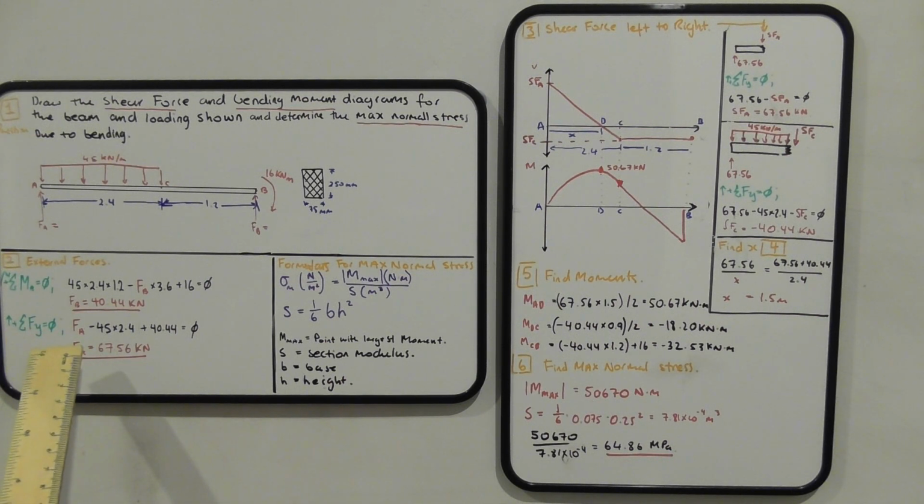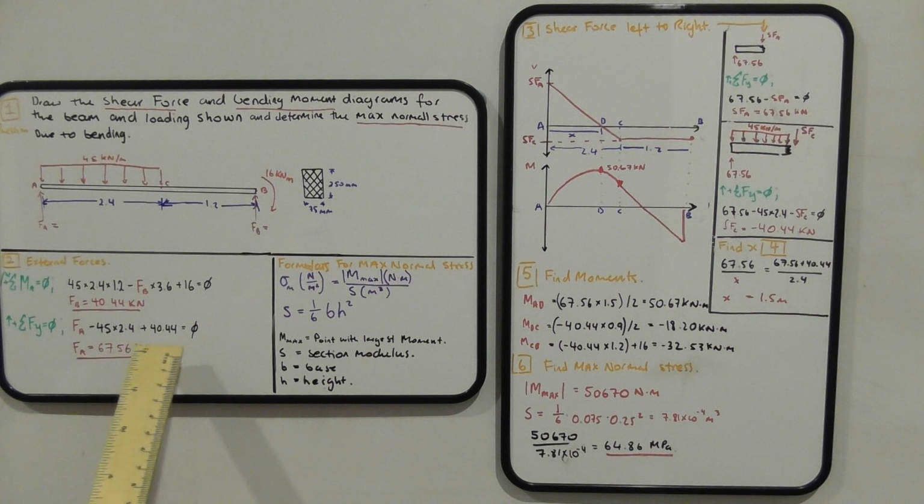Then finding force member A: force member A minus the distributed load, which is 45 times 2.4, is in the negative direction, so it's negative, plus what we just found for FB, which is 40.44. And as you can see, we found force member A to be equal to 67.56 kilonewtons.